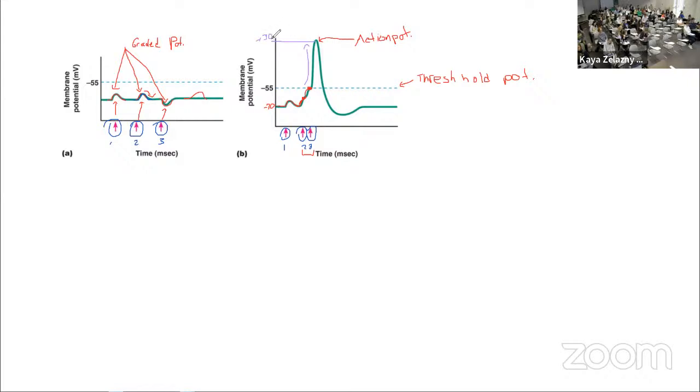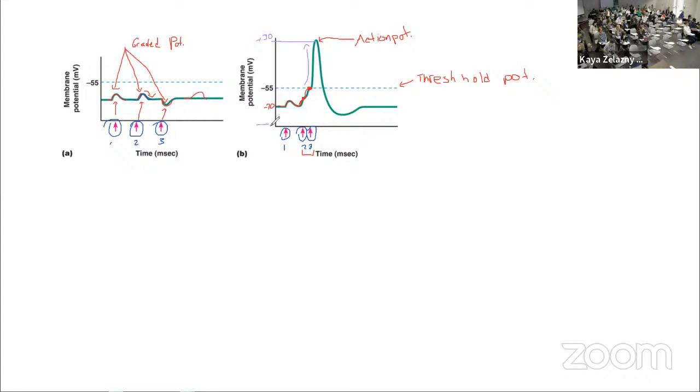When you're thinking about numbers to know in terms of our nerves and our neurons, you want to know that -70 is our resting membrane potential. You're going to want to know that -55 is that threshold value. You're going to want to know that the peak of the action potential is +30. And it's helpful to also know the values of those equilibrium potentials for sodium and potassium.